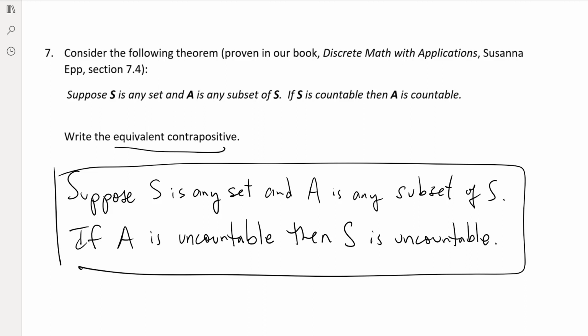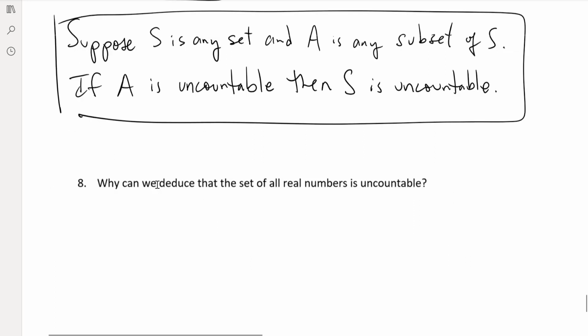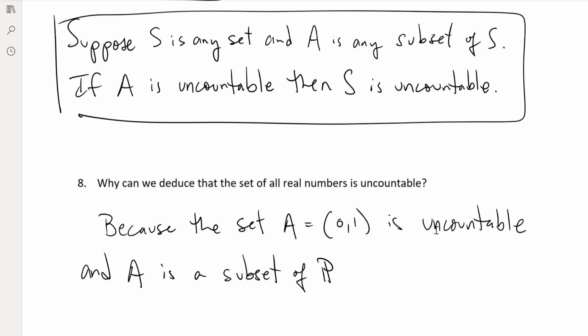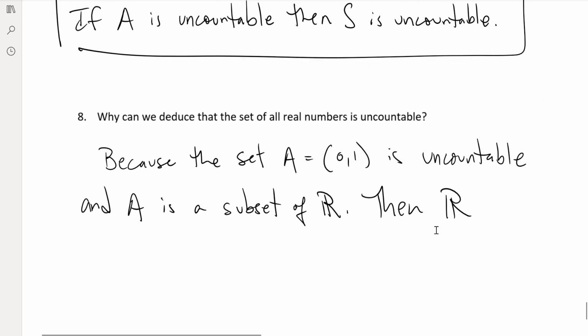And of course my point here is that A is a subset of the real numbers. And since A is uncountable and is a subset of the real numbers, the real numbers are also uncountable. That's actually question 8. Why can we deduce that the set of all real numbers is uncountable? Because A, the interval from 0 to 1, is uncountable, and A is a subset of R, the real numbers, then the real numbers are uncountable.